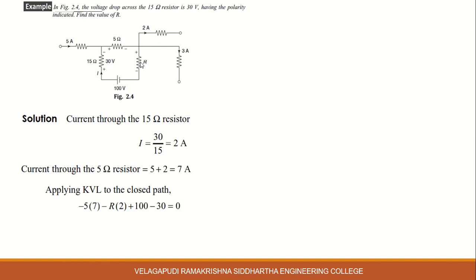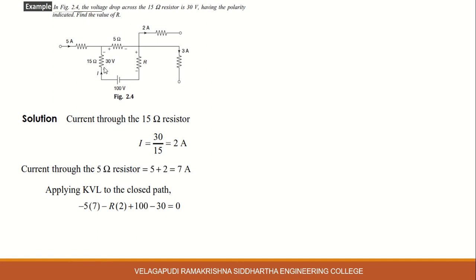Voltage across the resistor also indicates a positive sign and a negative sign, a fall in potential. So here also a negative sign, minus R into the current through this resistor R, which is 2 amperes. So minus R into 2, and here the 100 volts is rising, minus to plus, a rise in voltage. So plus 100.